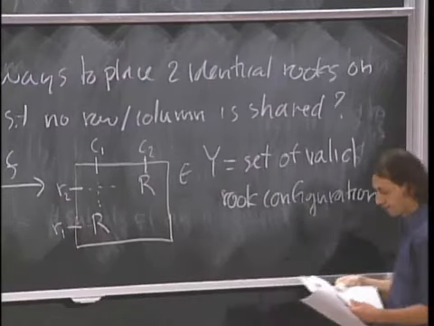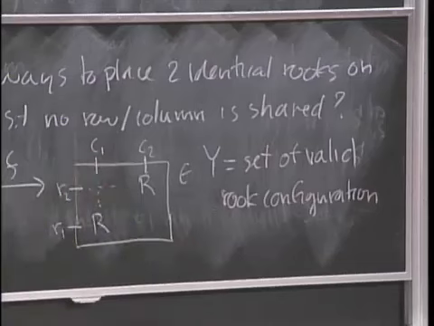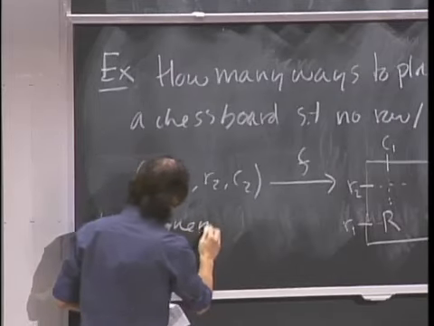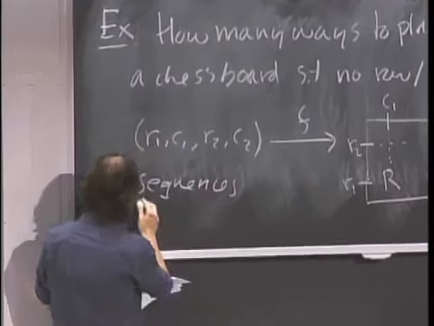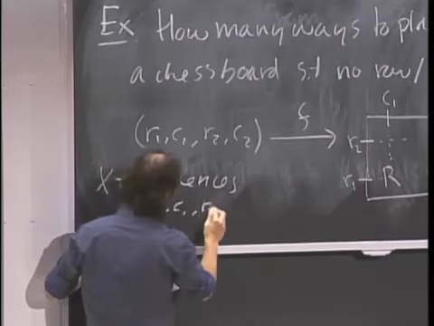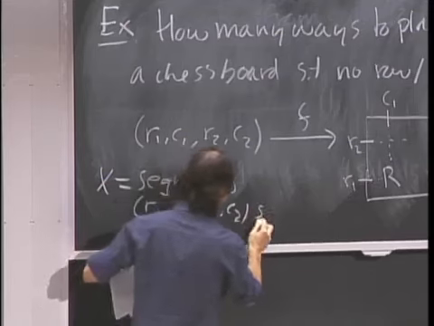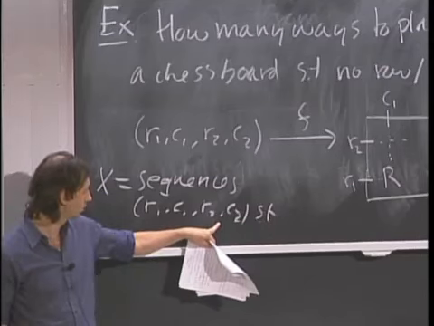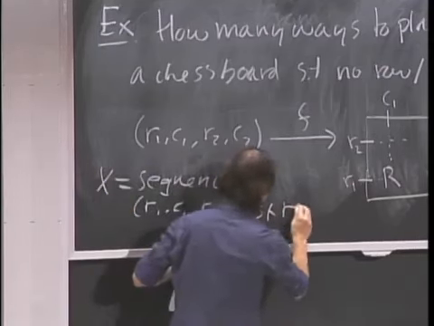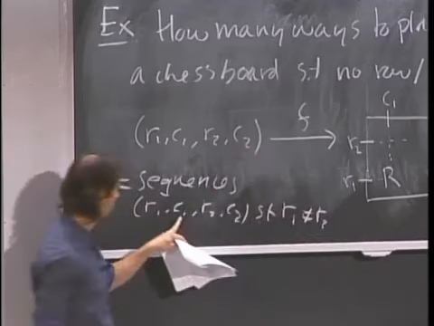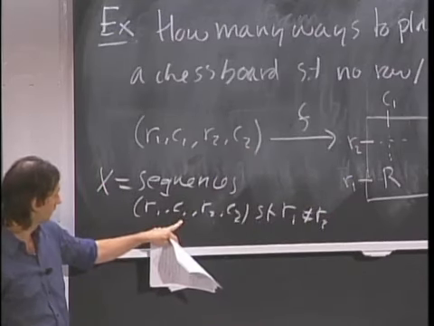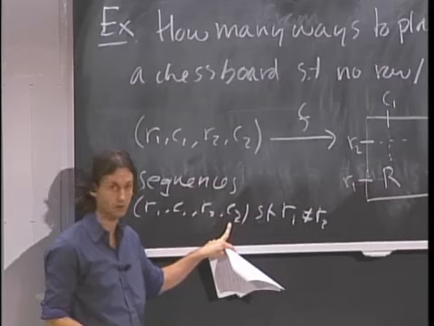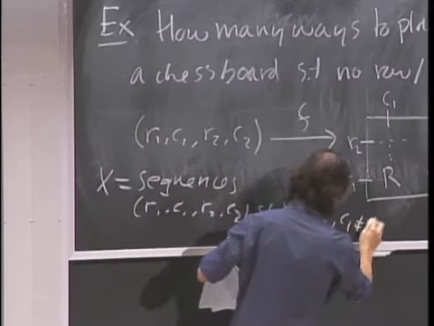And if I define X as all the sequences R1, C1, R2, and C2, such that the rook over here does not share a row with the rook that is described by this position, so R1 is not equal to R2, and they also do not share a column, so the first rook has column C1, the second one is on column C2, so also C1 and C2 should be different.